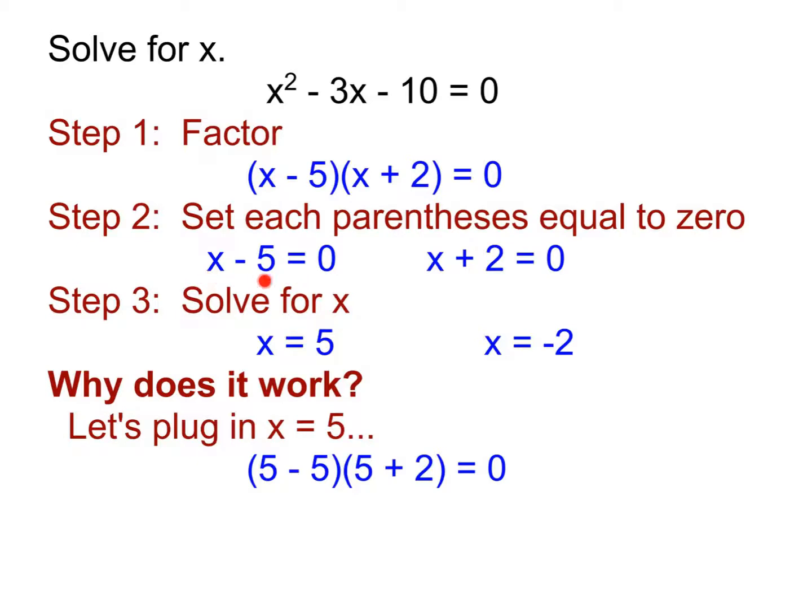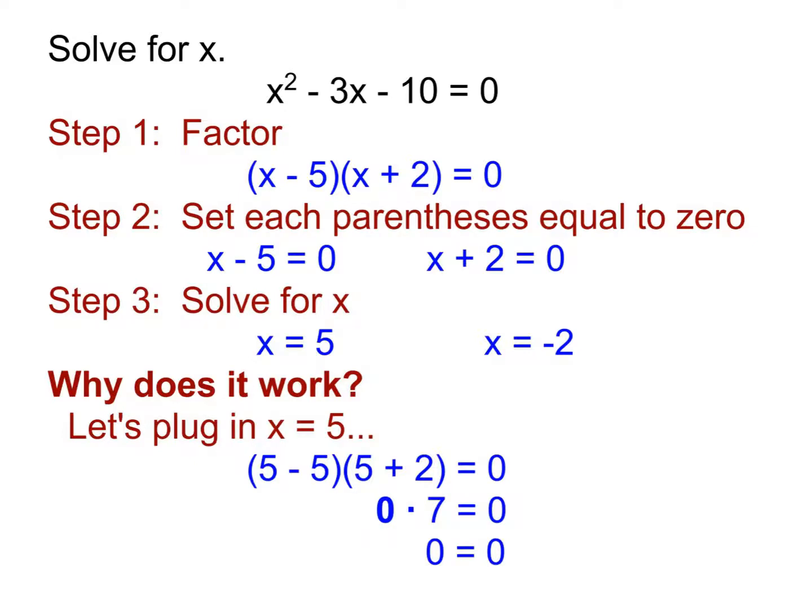Because I was solving what makes it equal to 0. So if that equals 0, 5 plus 2 happens to equal 7. But no matter what that other parenthesis equaled, it could be 7, it could be 21, it doesn't matter what that other parenthesis equals, because 0 times anything is 0.